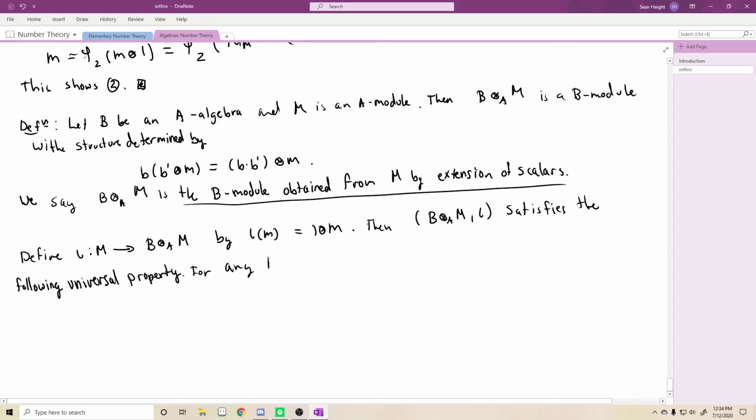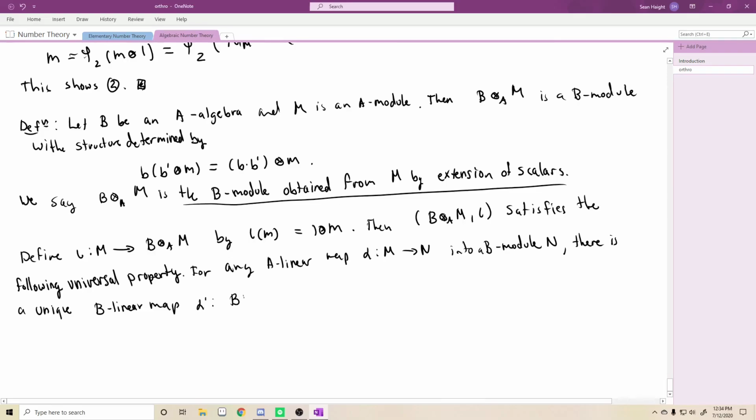For any A-linear map alpha from M into a B module N, there's a unique B-linear map alpha prime from B tensor over A with M, so from the extension of scalars, to N. Okay.